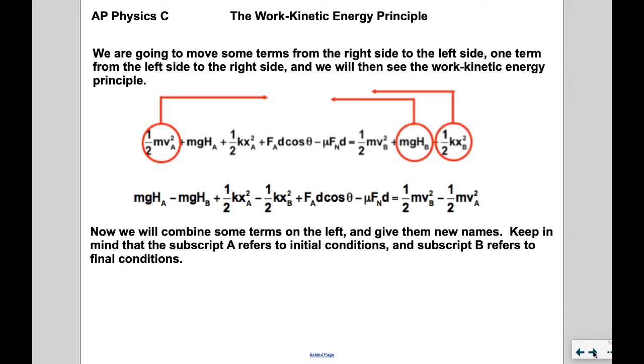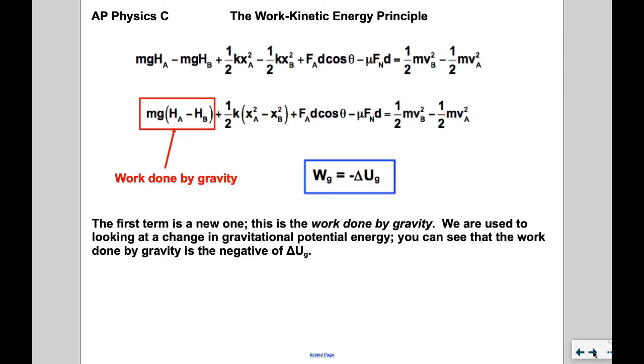So on the left, we have factored out the mg, and then we have h sub A minus h sub B, so effectively the initial height minus the final height, times mg. This is a new term for us. This is something that's called the work done by gravity.